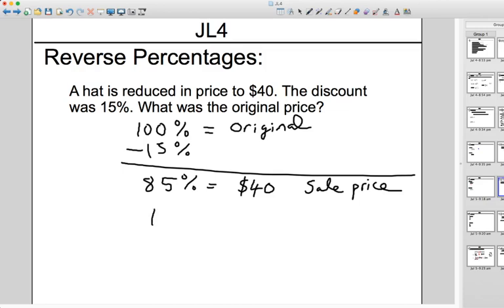I need to find out what 1% is. So I'm dividing by 85. Divide by 85.